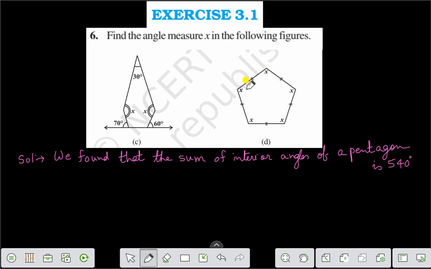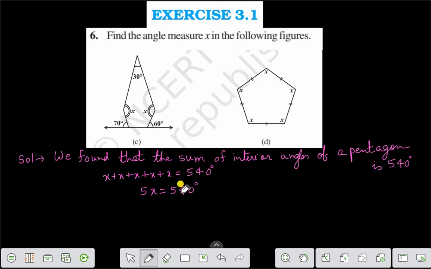This is x, this is x, this is x, this is x. That means you can write x plus x plus x plus x plus x is equal to 540 degree, that is 5x is equal to 540 degree.